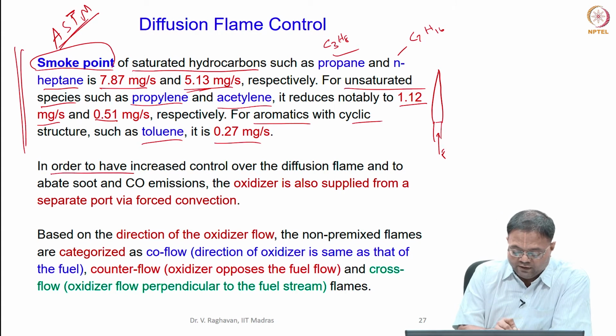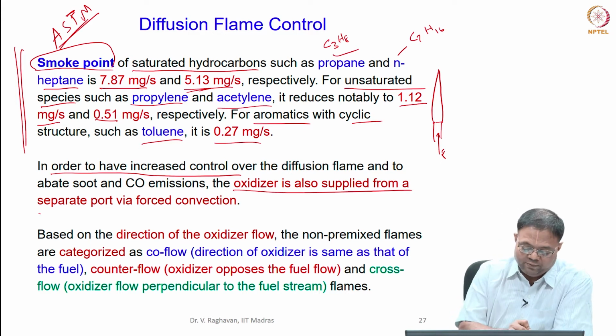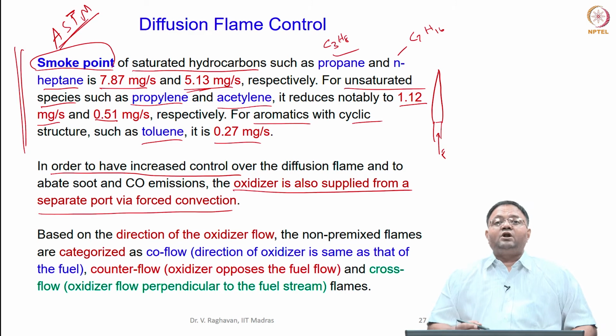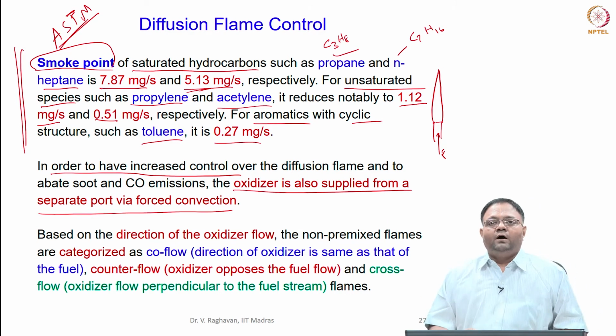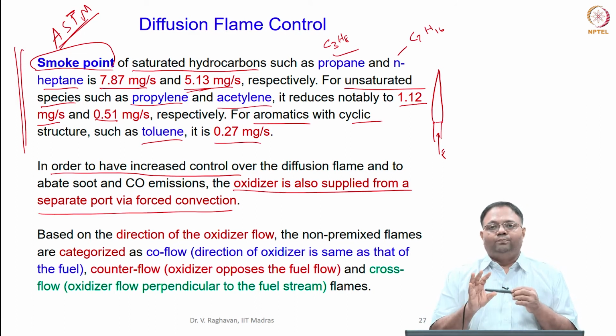In order to have increased control, the oxidizer is also supplied from a separate flow port via forced convection. Instead of allowing the oxygen only to naturally entrain into the flame, we will try to supply oxygen also by forced convection.